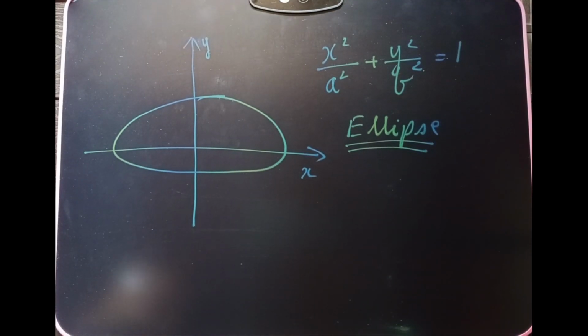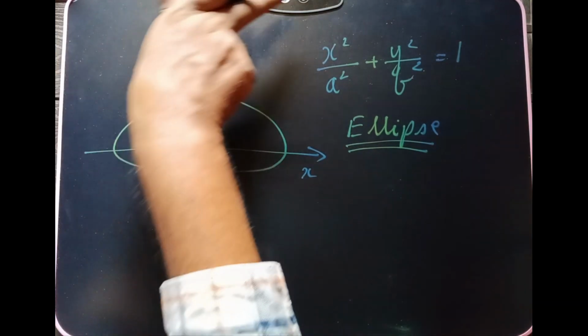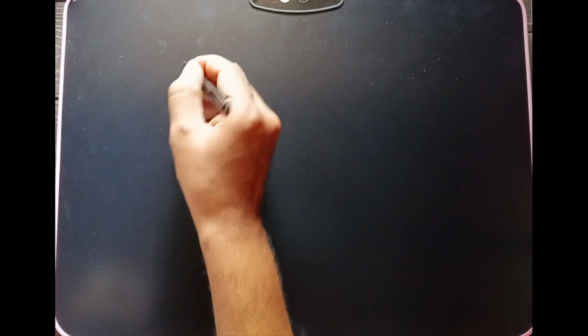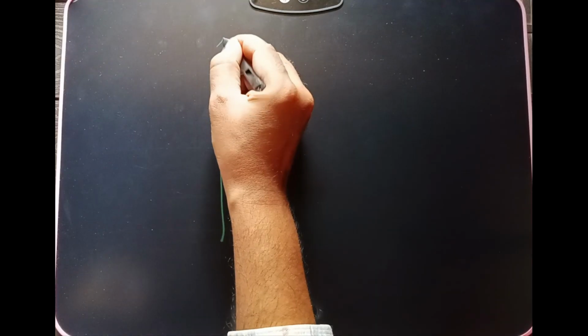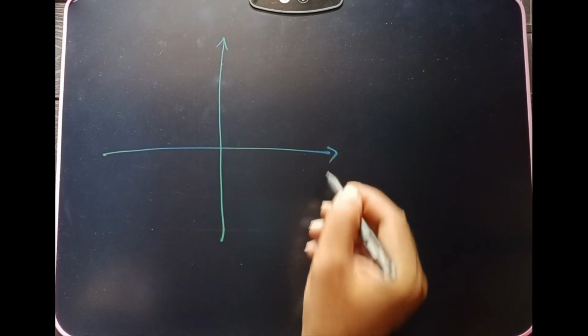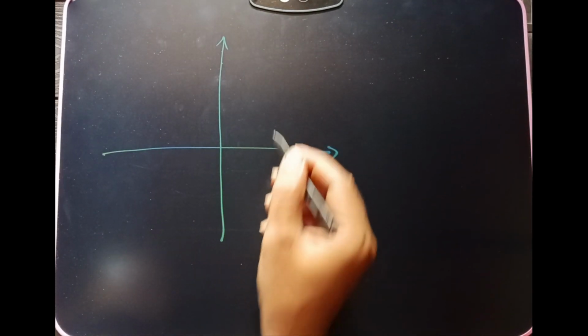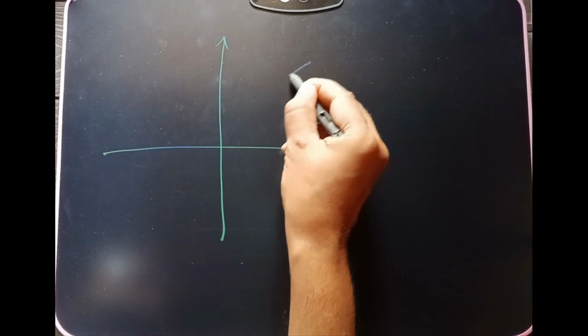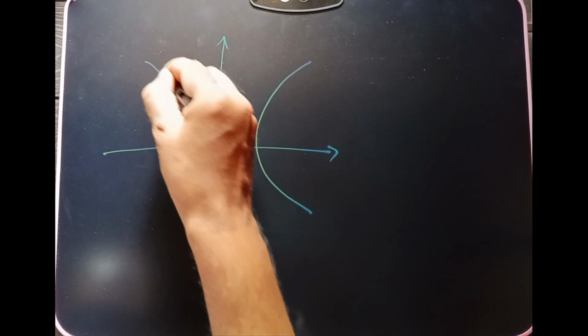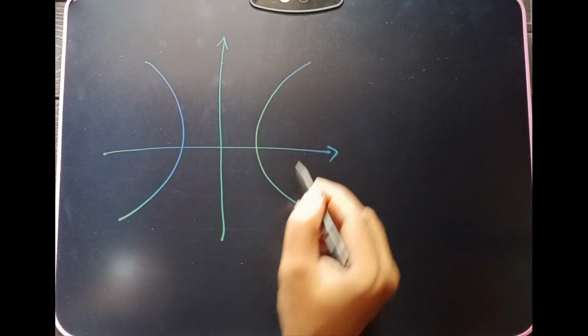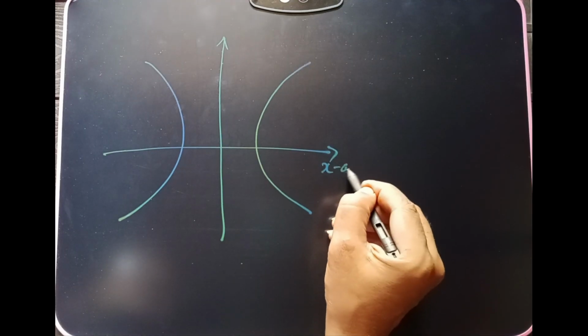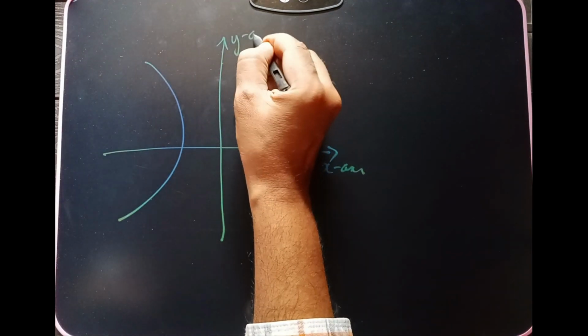Now how will a hyperbola look like? Let us see next. If I want to draw a hyperbola, you will see all this in subsequent chapters as well. These shapes will come across. This is a hyperbola. What did you say, sir? Hyperbola, sir. X axis, y axis.